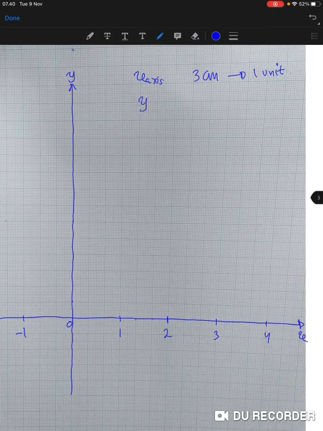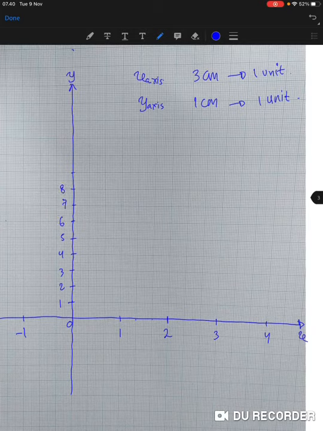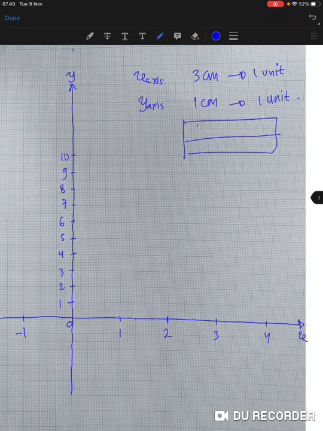The y-axis here, you have 1 centimeter to represent 1 unit. So you will have 1, 2, 3, 4, 5, 6, 7, 8, 9, 10. Last time we have the table xy.